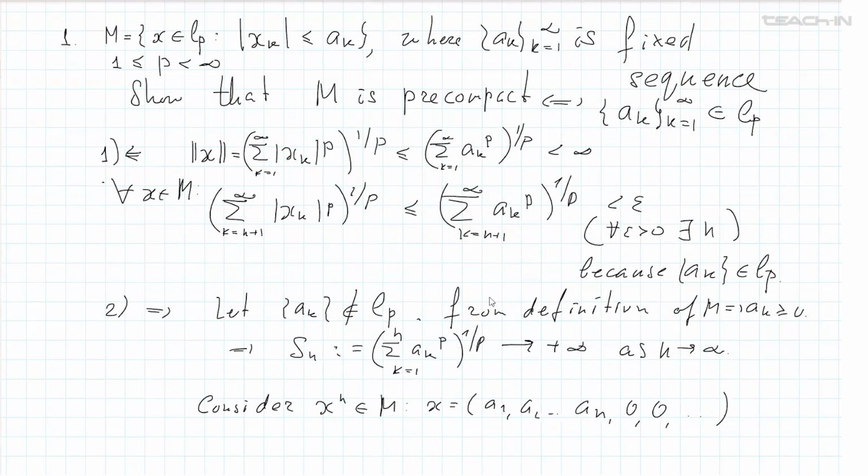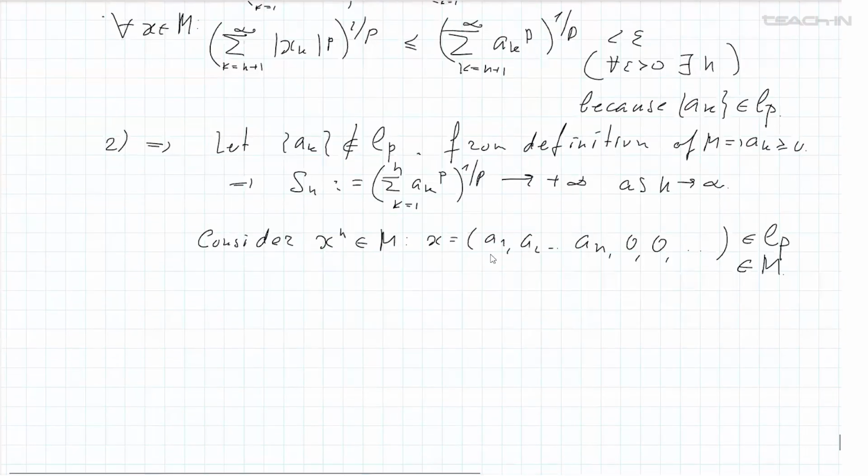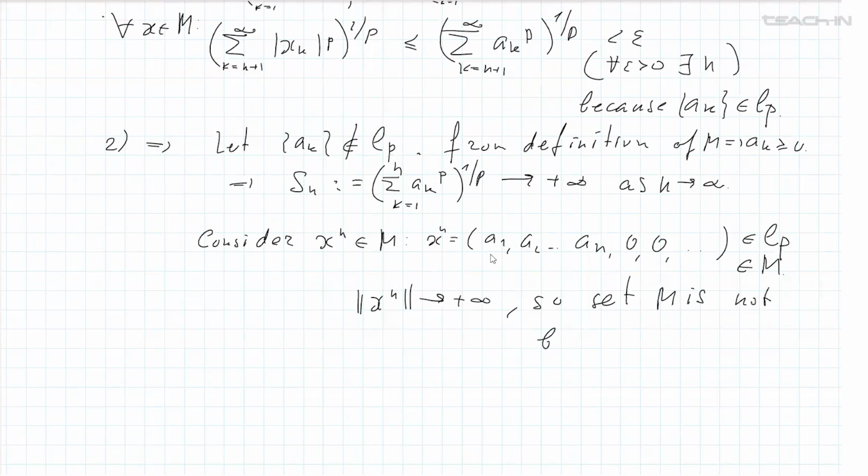It is a finite sequence, so it is from l_p, and moreover it is from M by definition. But the norm of x_n tends to plus infinity, so set M is not bounded. So it is a contradiction.